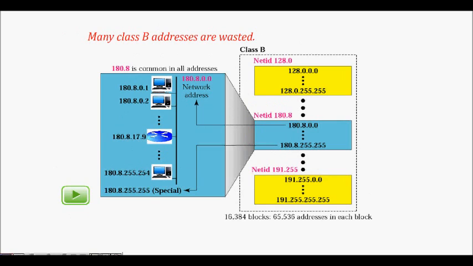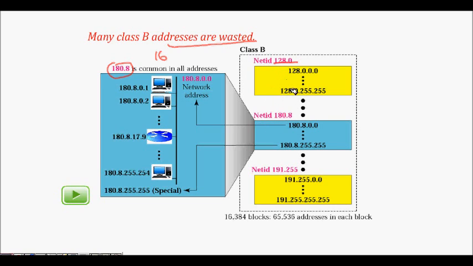Now we see what happens in class B. In class B, for the network ID, we have 16 bits. Okay, so this is there, 180.8 is common in all addresses. And 16 bits are for the hosts. So your network ID starts with 128.0.